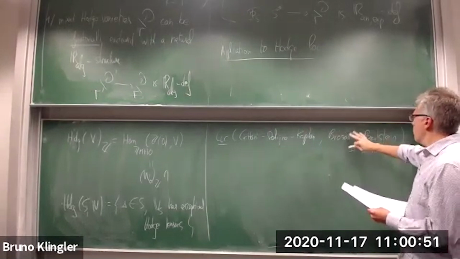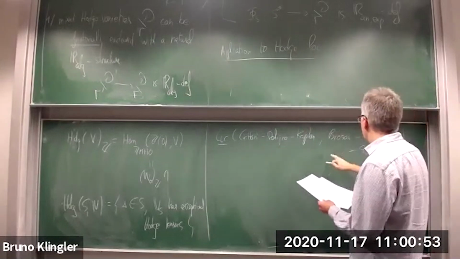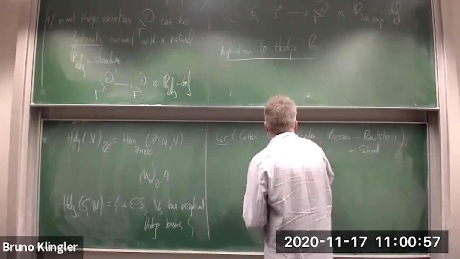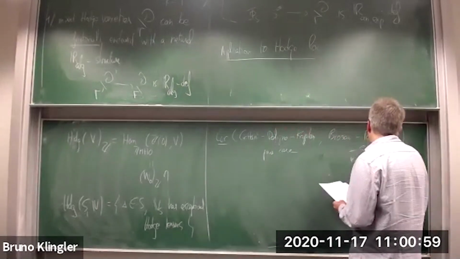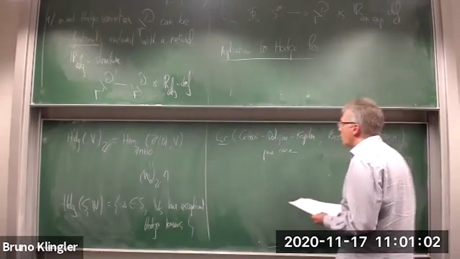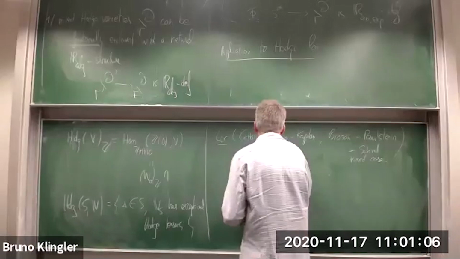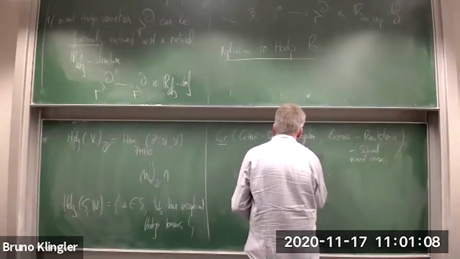So they did the case of normal functions, extension of Z by H, if I remember correctly. So this is the pure case, and then this is the mixed case, where you prove that this Hodge locus is a countable union.